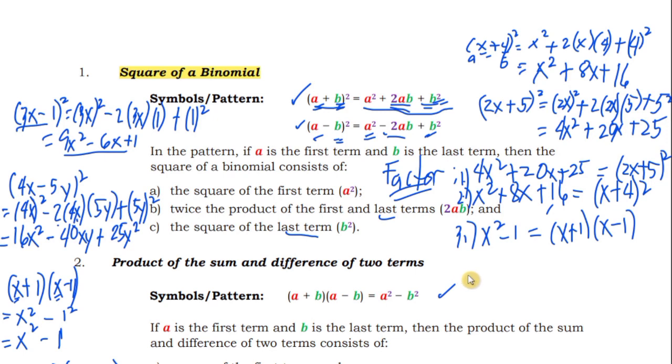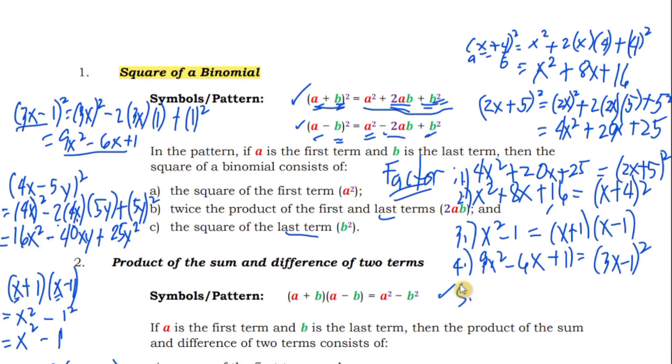Another one, number 4: 9x squared minus 6x plus 1. As we factor it out, the answer is 3x minus 1 squared.